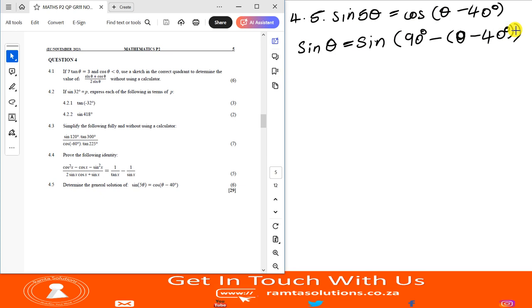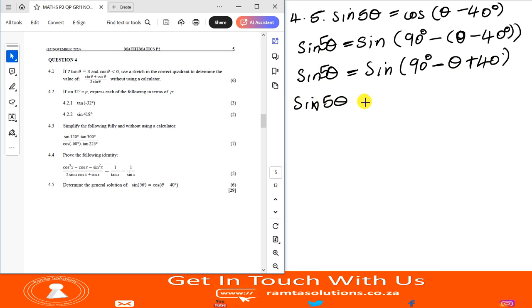So it's sine of 90 plus 40 minus theta. So sine 5 theta is equal to sine of 130 degrees minus theta, isn't it?